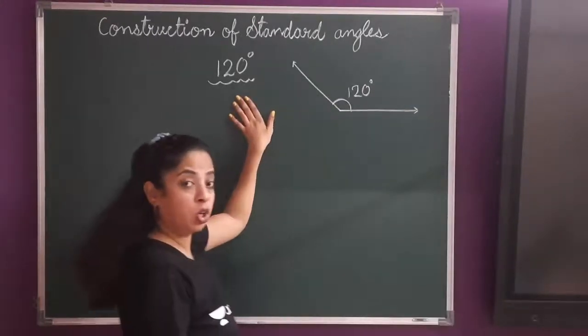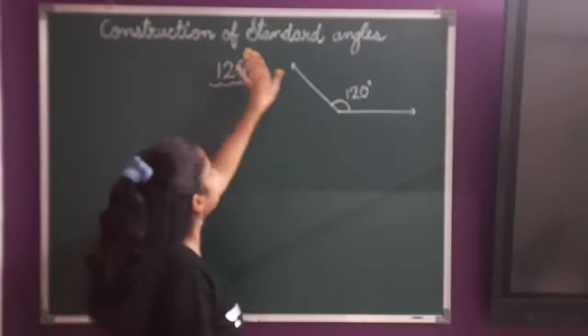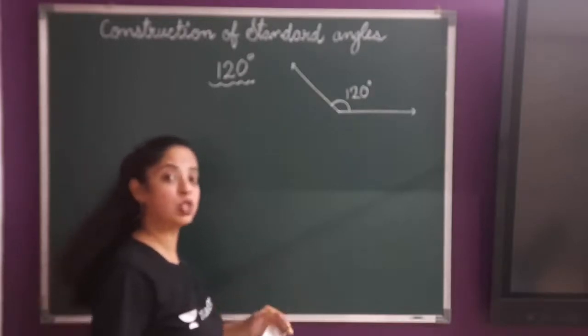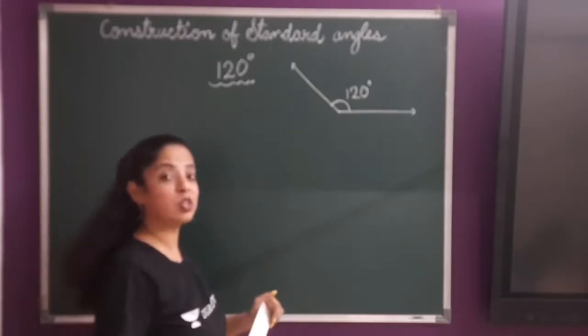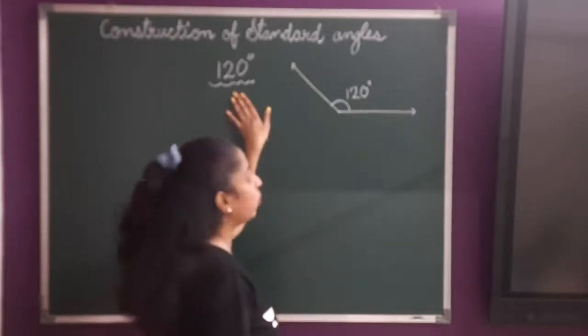That is why we thought of coming up with construction of standard angles. Different standard angles we will cover, and we will also upload the videos of certain standard geometrical constructions. So let's begin with 120 degrees.